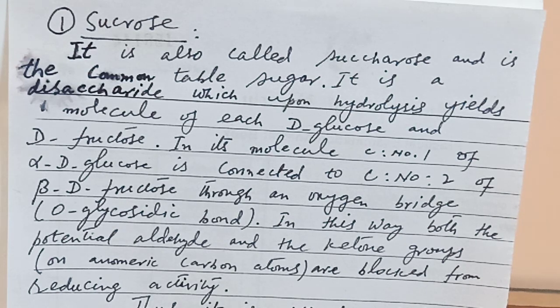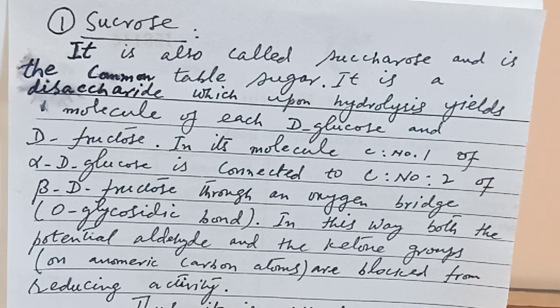So by the combination of these two sugars, sucrose is formed, and you know the empirical formula of sucrose is C12H22O11. So how are these two sugars combined to each other? The important thing is that sucrose is a non-reducing sugar.